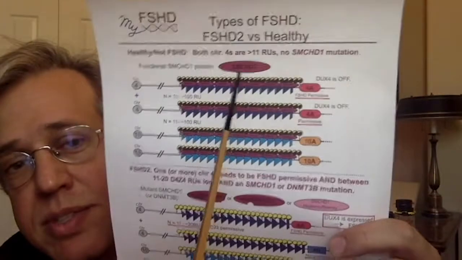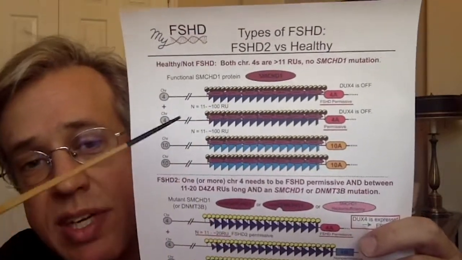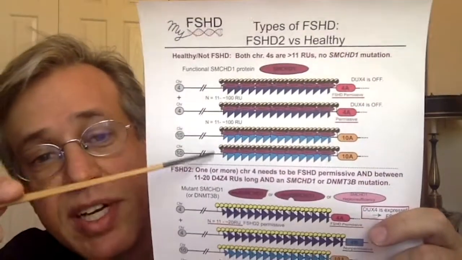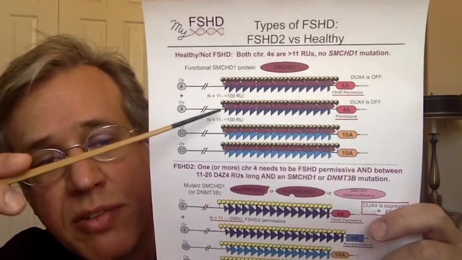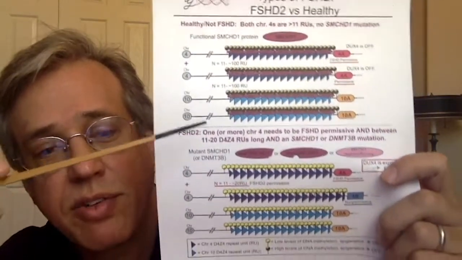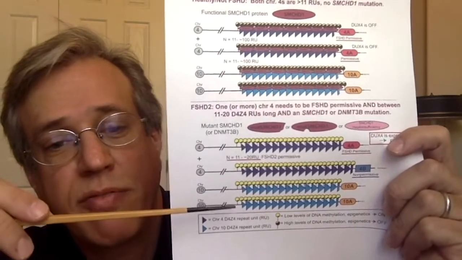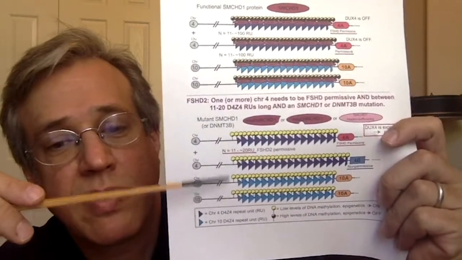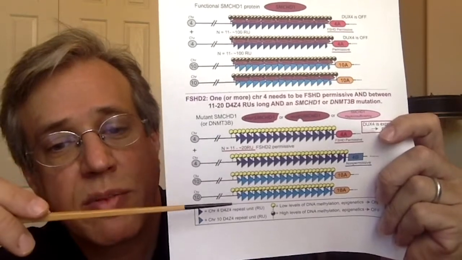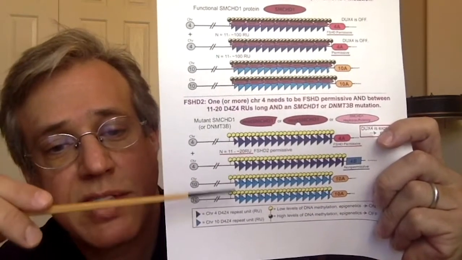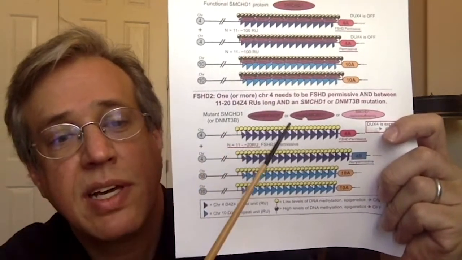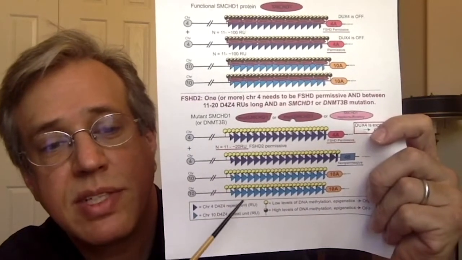So FSHD2 is a bit more complicated. The role of the SMCHD1 protein is that it is an epigenetic regulator maintaining epigenetic repression of the D4Z4 array and keeping the DUX4 gene off. So in FSHD2, you lose epigenetic repression of all 4 arrays, the 2 chromosome 4 and the 2 chromosome 10 D4Z4 arrays. All 4 of these arrays are epigenetically dysregulated due to the mutation in SMCHD1.